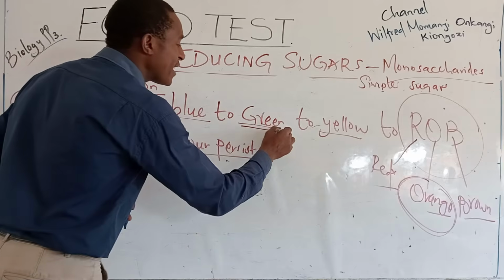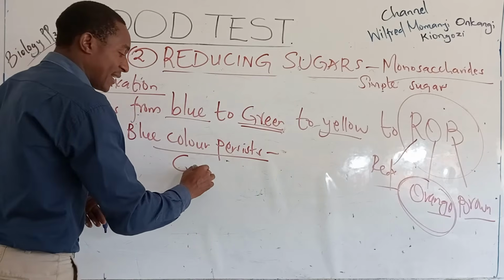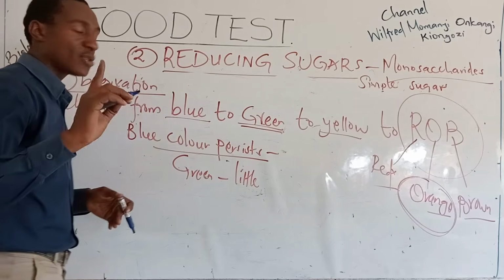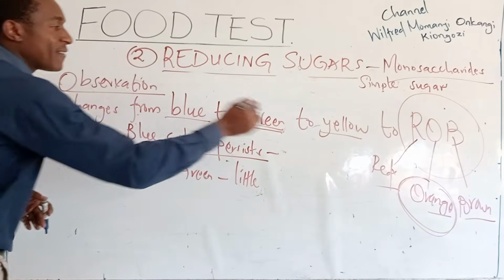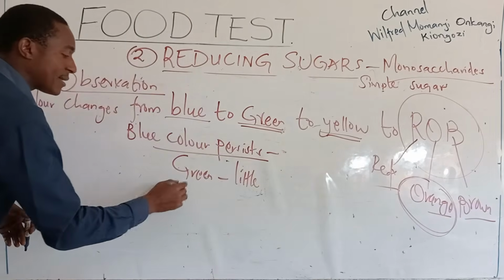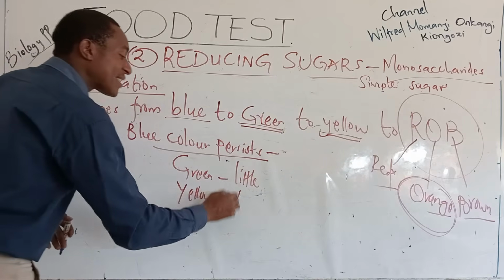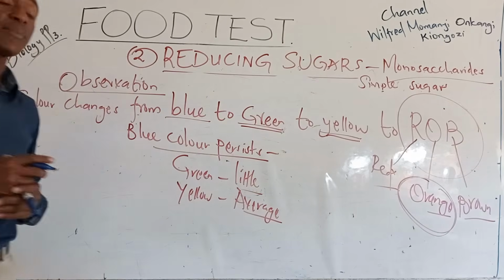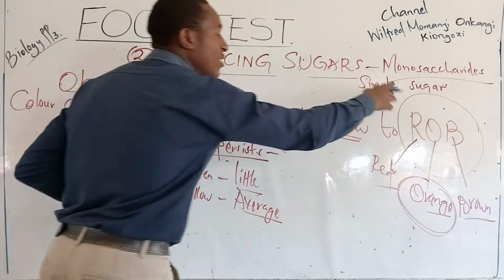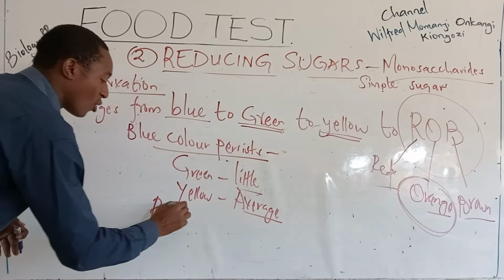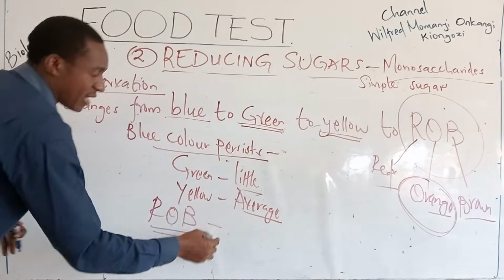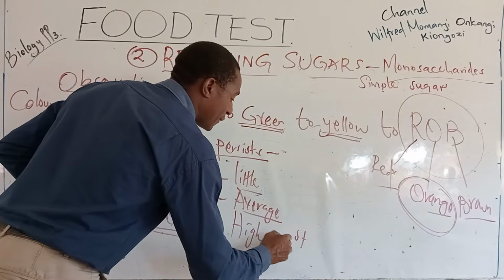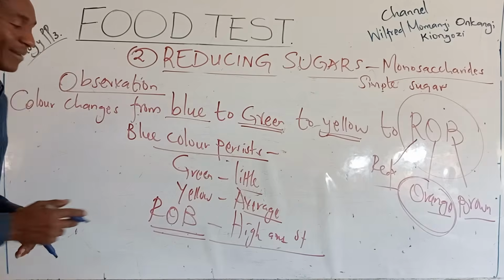If you get the final color as green, it means very little amount of reducing sugars are present. If your final color is yellow, then it means average amount of reducing sugars are present. And finally, if your final color is orange or red, any of the 3, then it means we have a high amount of reducing sugars.